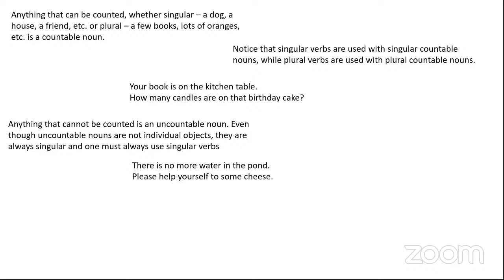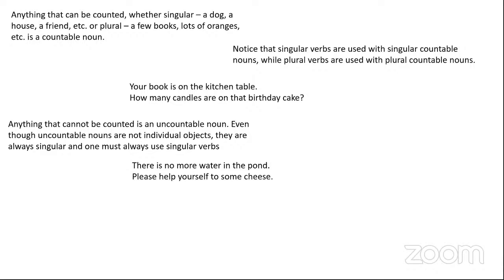That which cannot be counted. That which you cannot count is an uncountable noun. So remember, uncountable nouns are always singular and they always use only singular verbs. An uncountable noun can never become plural. For example, there is no more water in the pond.